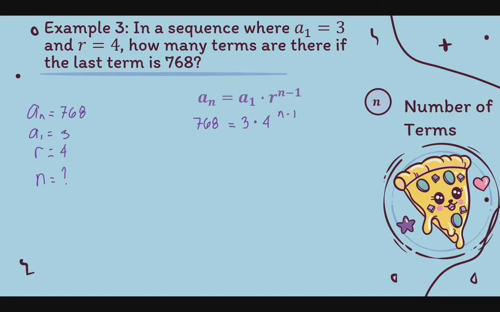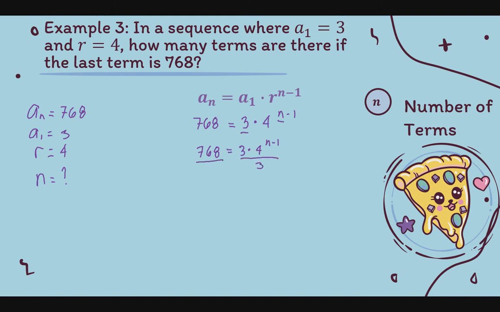Ang gagawin natin, magdi-divide muna tayo both side by the first term. So, una nating tatanggalin is yung 3. Ang kailangan lang natin itira sa right side ay yung n. So, mag-divide tayo both side, magiging 768 equal to 3 times 4 raised to n minus 1 divided by 3 sa left at sa right.